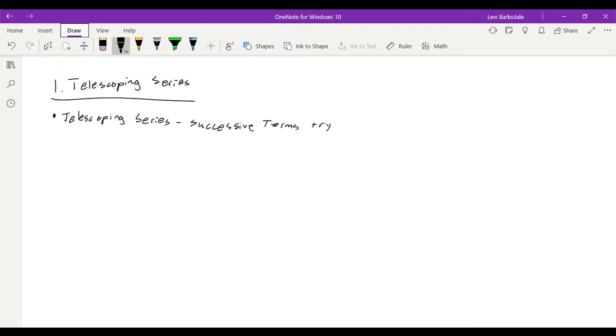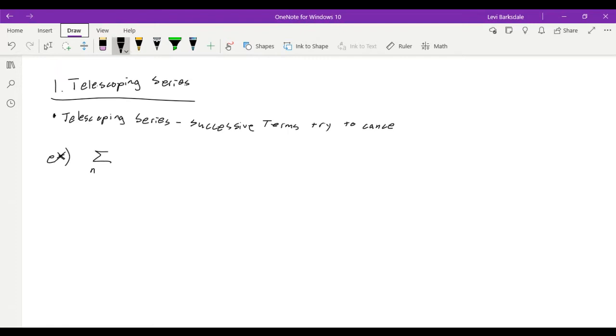And this tends to happen most frequently with series that can be rewritten using partial fractions. So, for example, this will really help to clarify what exactly a telescoping series looks like.